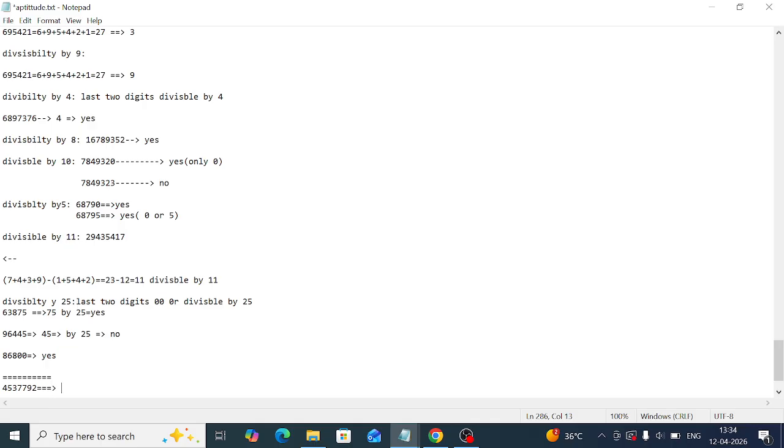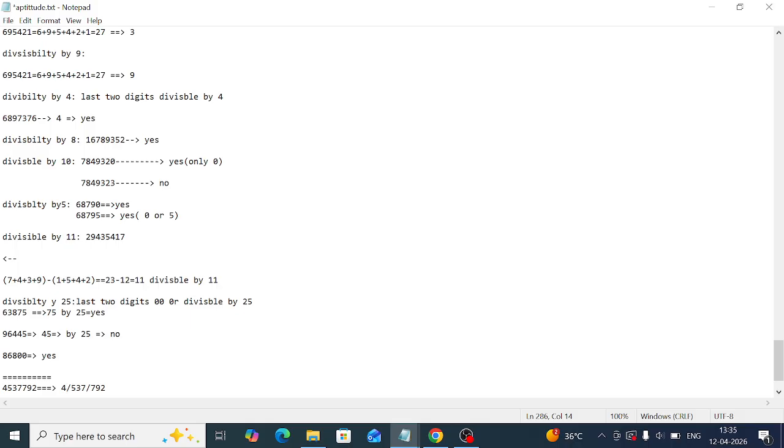We can divide the number into groups of 3 digits, from right to left. 792 is one number. Next, 537 is one number. After that, what is the number pending? 4 only.